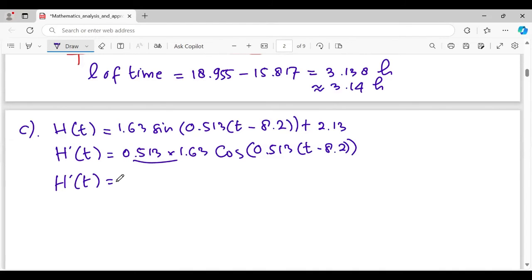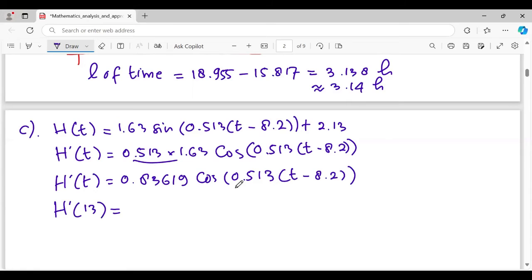So it's going to be 0.83619 cosine(0.513(t minus 8.2)).